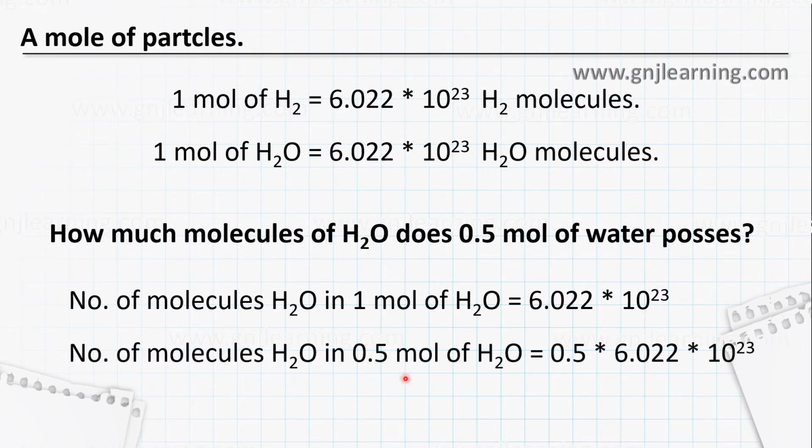For 0.5 mole, you multiply this value with whatever they have asked, that is 0.5 mole. So you will get 3.011 into 10 raised to 23. So this is how you can express the number. Mole is a quantity that is used to express the number.